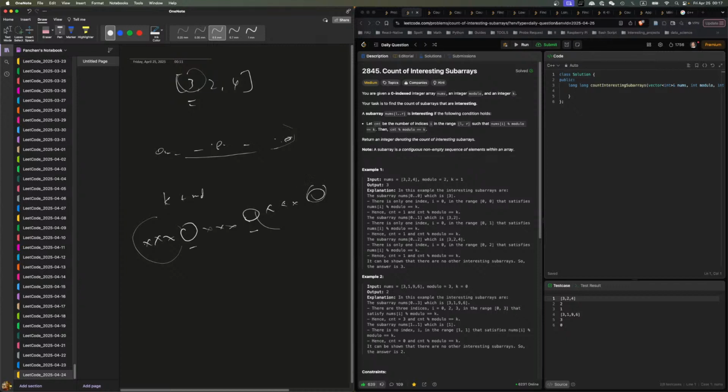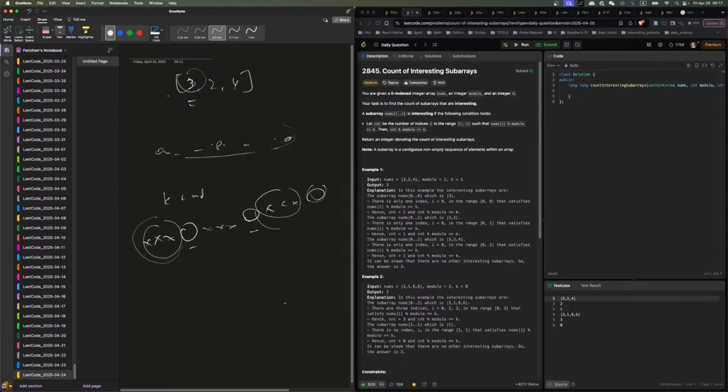So we get the indices of these, and however many there are on each side, we take this multiplied by this. In this case only this one is good, so I have 2. They can also have 0. So basically it's to the left plus 1, times to the right plus 1.